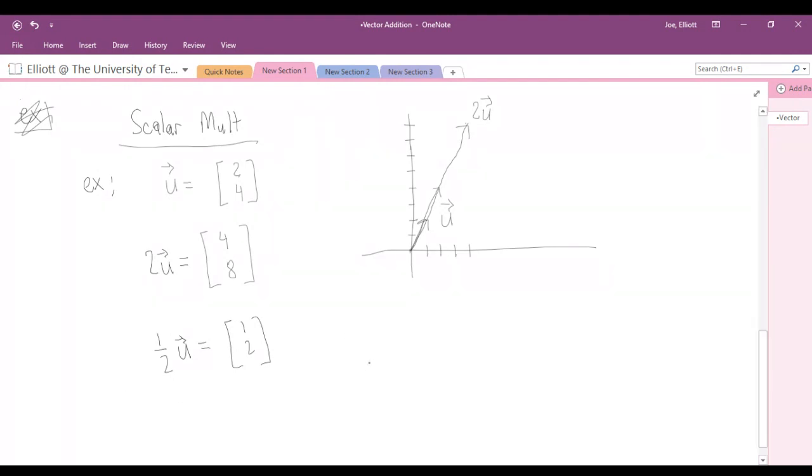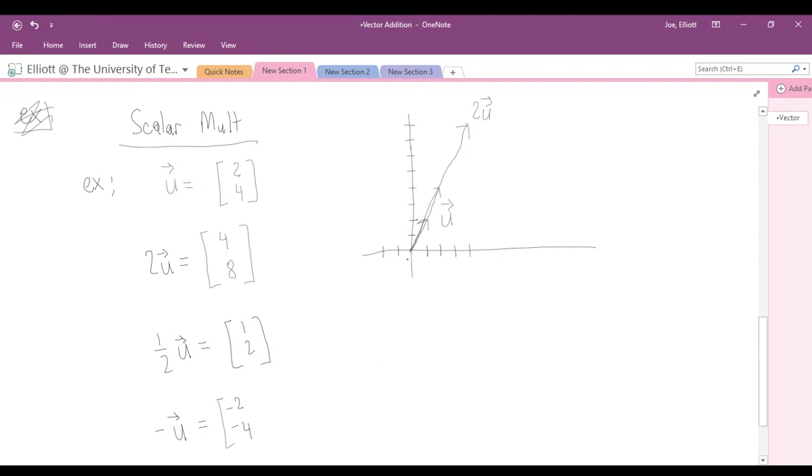And then finally, if you multiply by a negative scalar, so let's just look at negative u. So multiplying each component by -1, it would just be -2, -4.